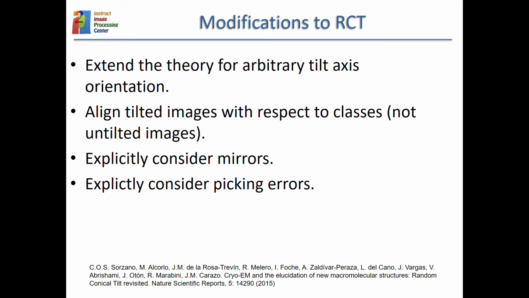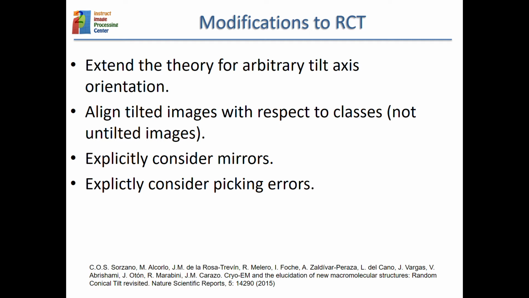What that paper brought in was that we extended the theory for arbitrary tilt axes, and we aligned the tilted images with respect to the classes, not with respect to the untilted images.